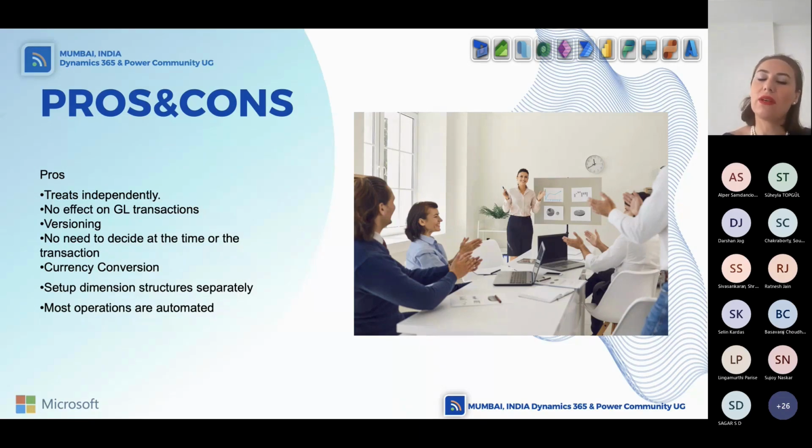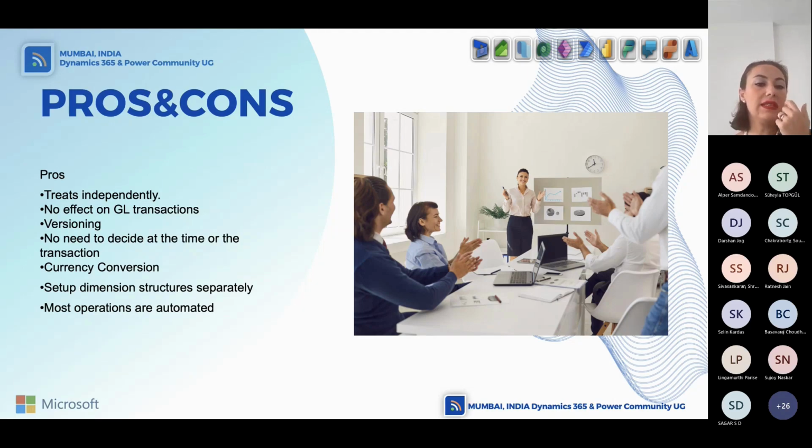Let's come to pros and cons, and this is what I think, according to my expertise. For pros, it's good that it treats independently, so there is no effect on GL transactions, and you can do it wherever you would like to. And you can do versioning. This is very important for a management team to decide what to do.